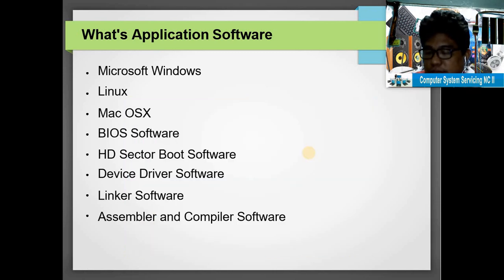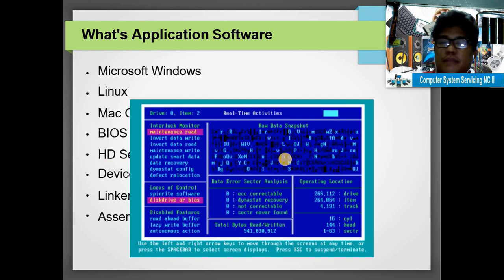Then we have our HD sector boot software. So, ano itong HD sector boot software? Example, this one. Sa HD sector boot software, pwede po nating i-set yung ating hard disk at i-set bilang priority.